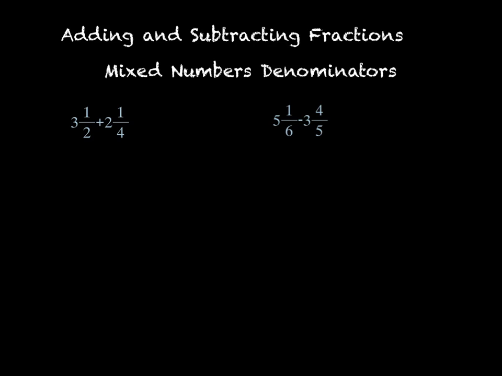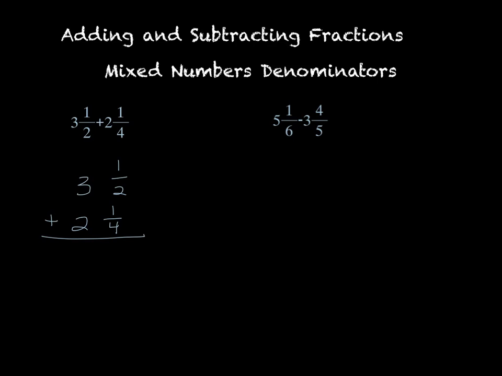When I'm working with mixed numbers, I like to line them up like I would any kind of decimal or any kind of other addition problem. So I'm going to put my whole number here. I'm going to put my fraction over here. I'm going to put my whole number here. I'm going to put my fraction over here. I'm going to put my sign here and my equal line.